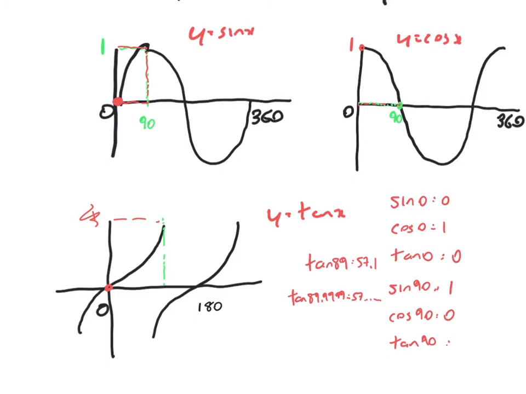So in theory, if we get close enough to 90, if we get to 90, what we say is that is an infinite result, so that's undefined. If you go ahead and put tan 90 in your calculator now, in degrees mode, which is the D on the front screen, you should find that you get undefined. Another word for that is infinite, but in higher maths we call that an undefined result.